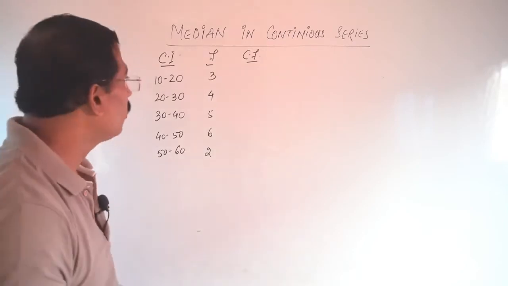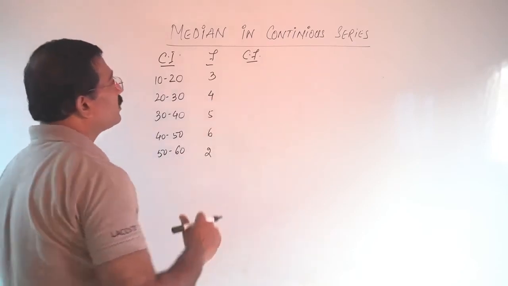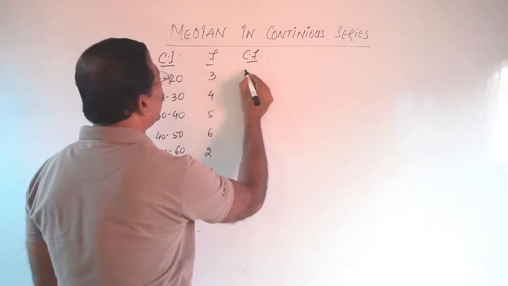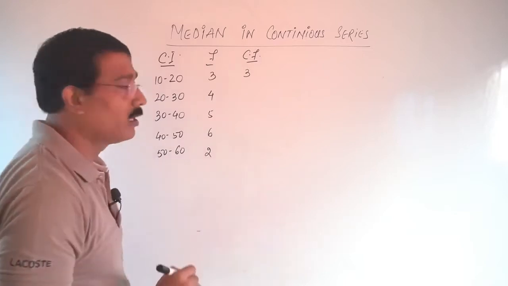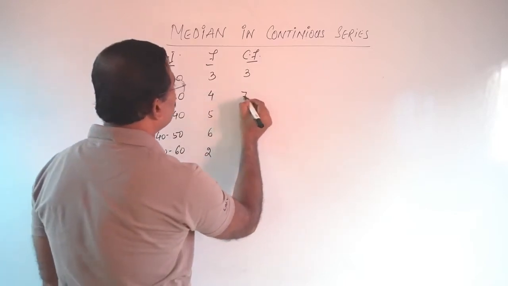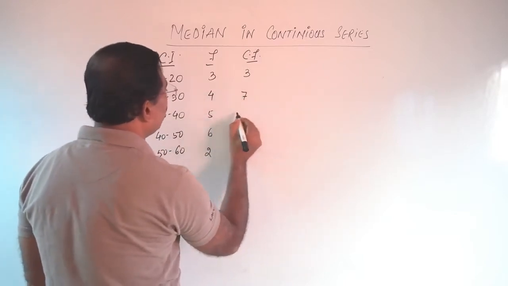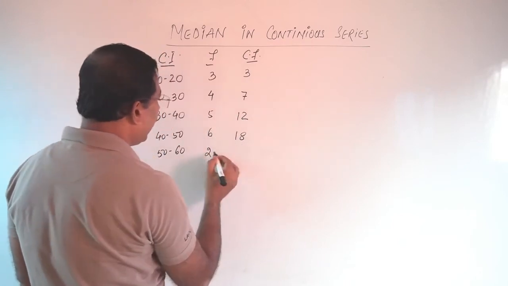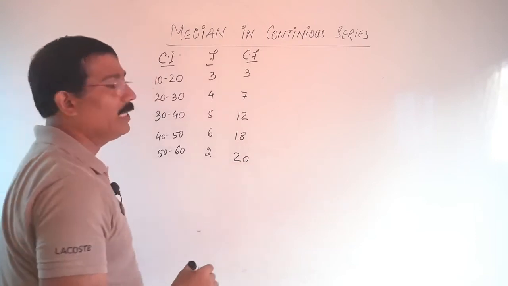One more question of the same type. First, you have to find out the cumulative frequency. So here will be 3. Then 3 plus 4, 7. 7 plus 5, 12. 12 plus 6, 18. 18 plus 2, 20.